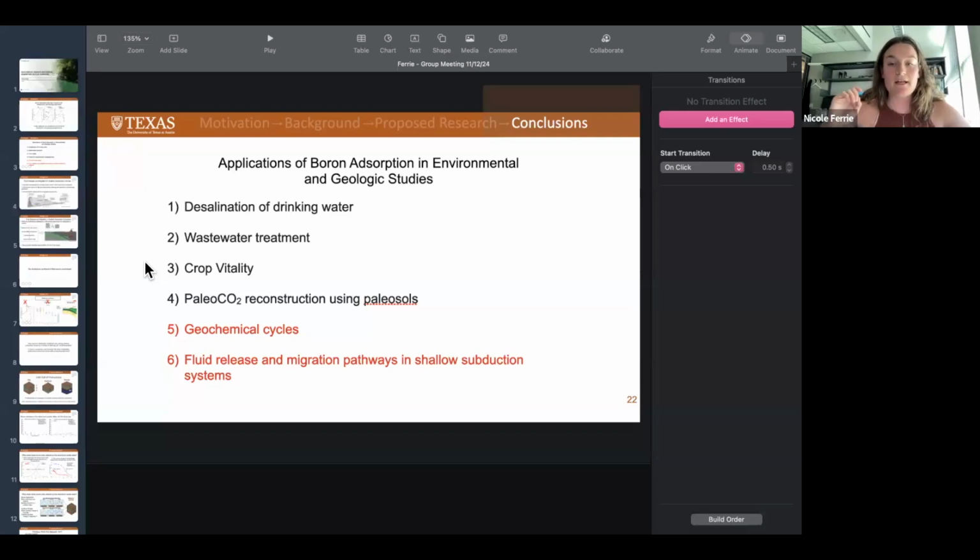But you can't directly link that back to atmospheric CO2 yet, because it's a mixture of respiration and CO2 from the atmosphere. So you need to be able to separate how much CO2 is coming from respiration and how much CO2 is coming from the atmosphere.